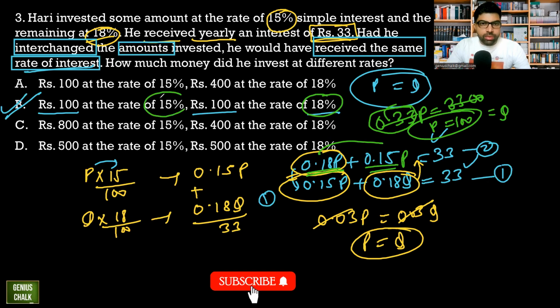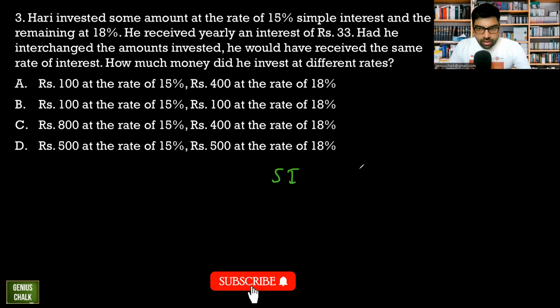And the rates are 15% for the first one and 18% for the second one. The principal amounts are same. So why is this happening? This is happening because you know that simple interest is directly proportional to principal, then its rate as well and time as well. Here time is not mentioned.